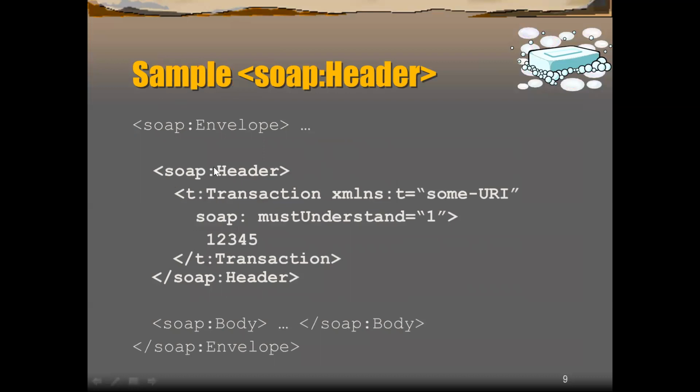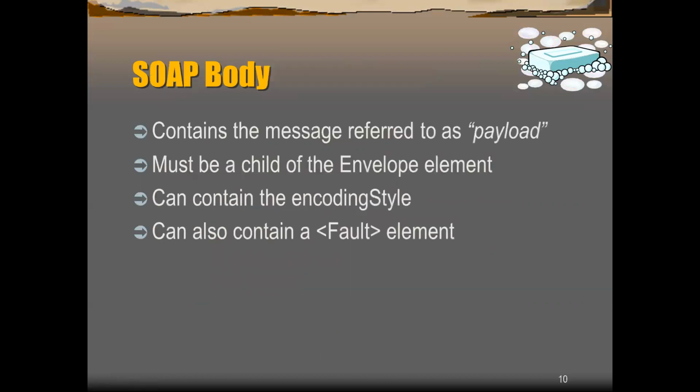You can see here SOAP colon header, and you can have transaction IDs. And this is the structure of the SOAP envelope. Inside the SOAP envelope, you have the SOAP header and the SOAP body. As you all know, in XML, for all the start tags, you have the end tags. And this is the XML namespace. To avoid name conflicts, you can use namespace.